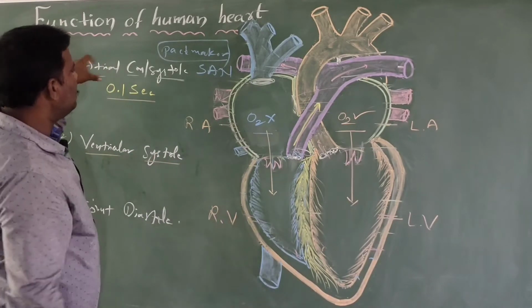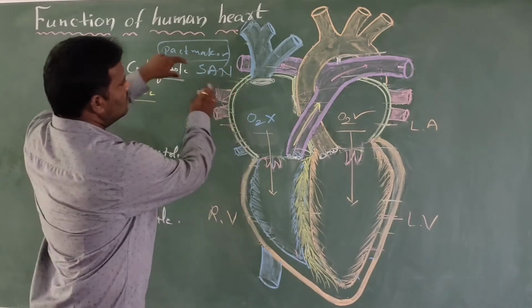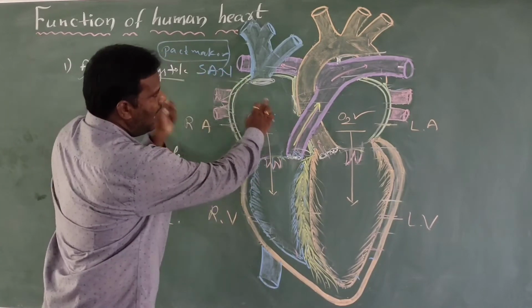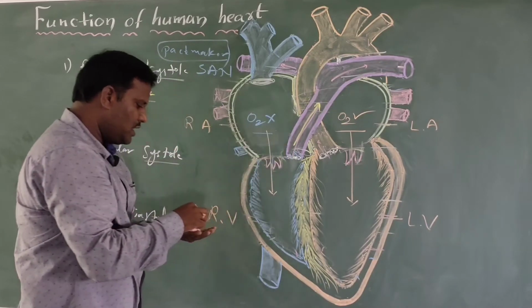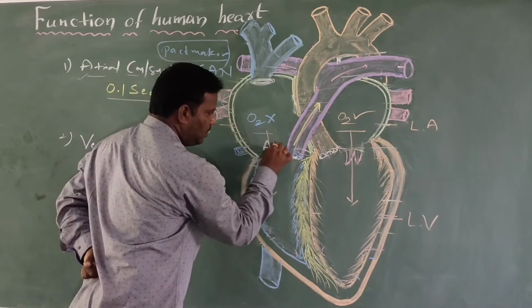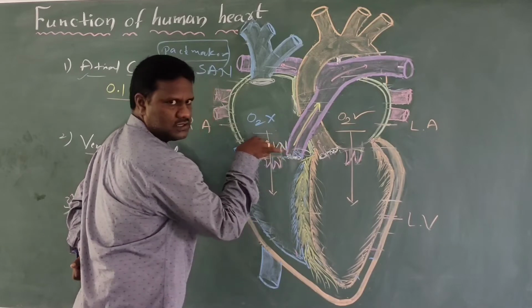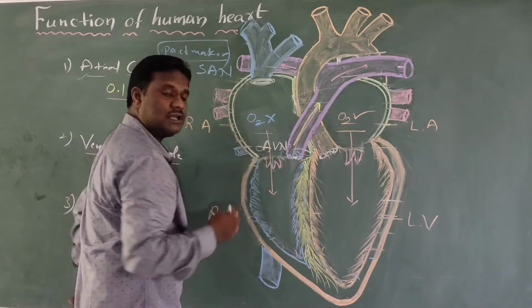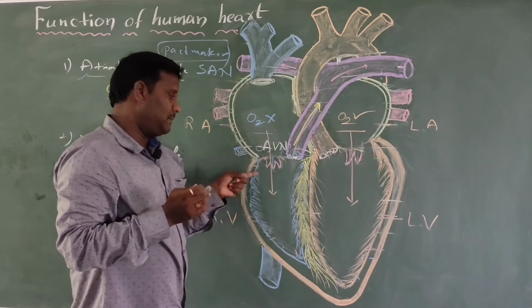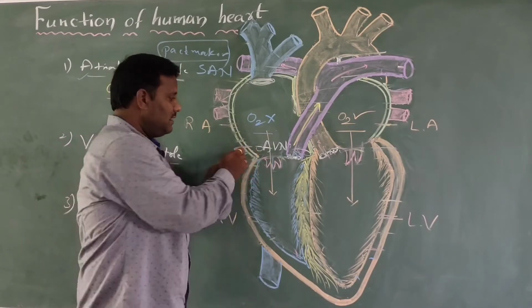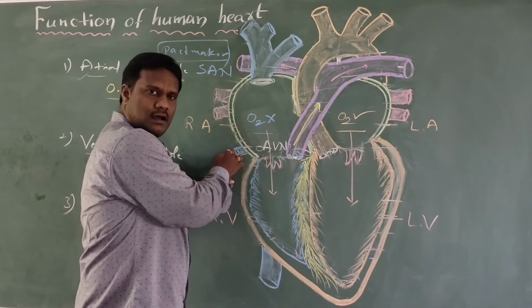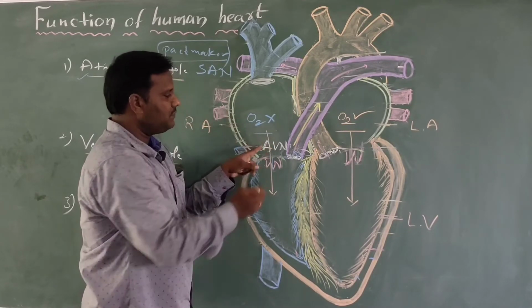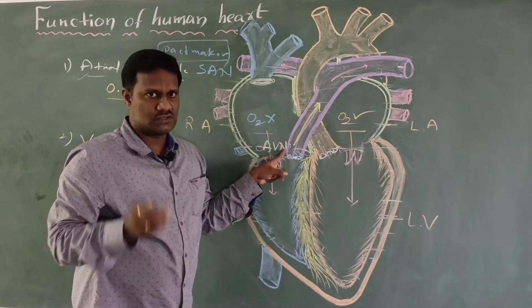When the signal is passed, the sinoatrial node passes the potential signal, and that reaches the next one, the atrioventricular node. This is the second site, located near the coronary sinus. In the previous class I said that the coronary sinus opens at the site of the atrioventricular node.